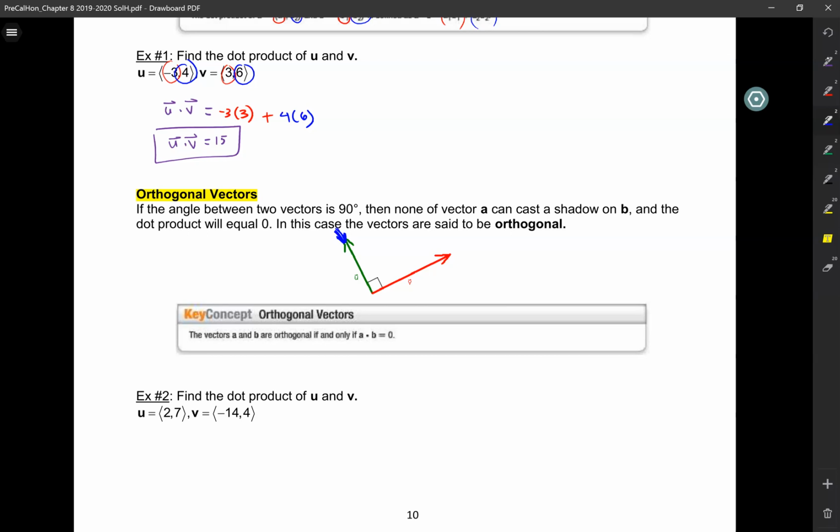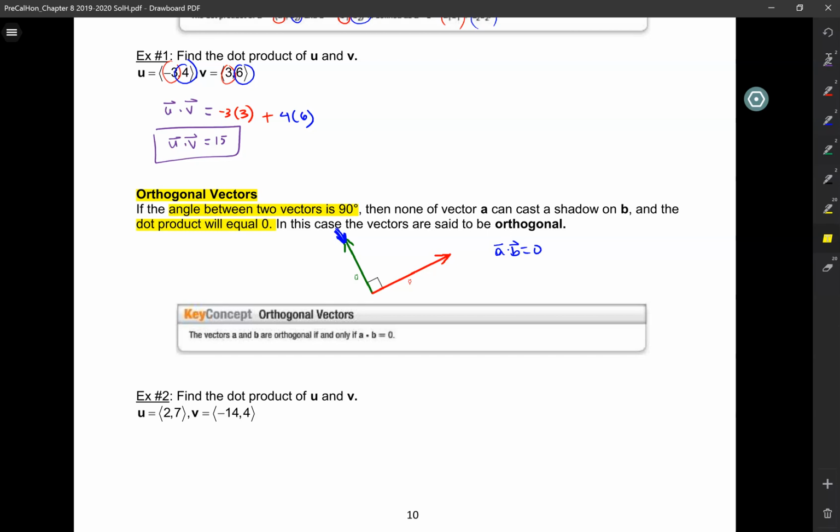So if the dot product is the length of the shadow times the length of V, and the length of the shadow is 0, then what's the dot product? 0. If the angle between two vectors is 90 degrees, then there is no shadow, and the dot product will equal 0. That's how you know if two vectors are orthogonal.